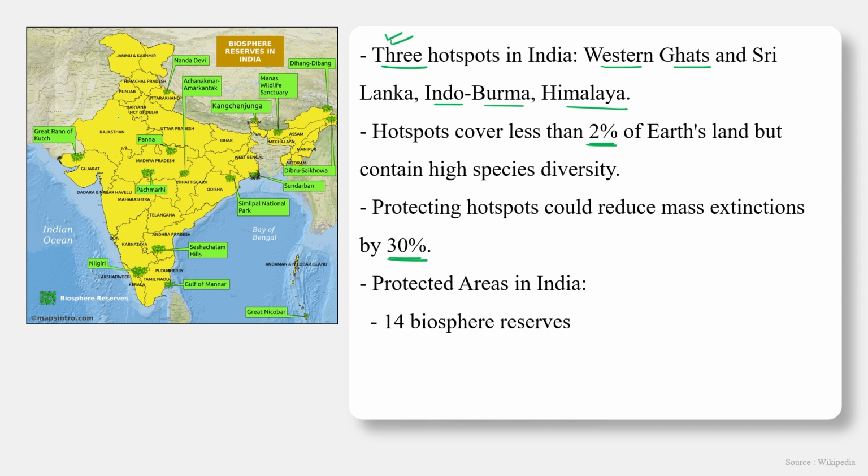Okay, these are certain kinds of biosphere reserves present in India. In India, 14 biosphere reserves are there, like Nanda Devi, Amarkantak, Panna, Greater Rann of Kutch, Nilgiri, Gulf of Mannar, Pachmarhi, Simlipal, Sundarban, Manas, Kanchenjunga, Dihang-Dibang, and Great Nicobar.